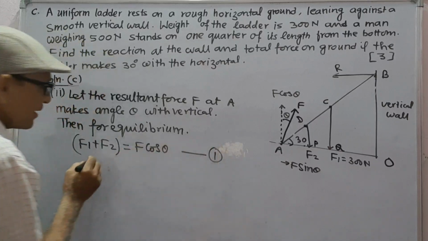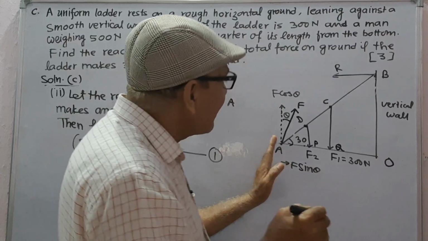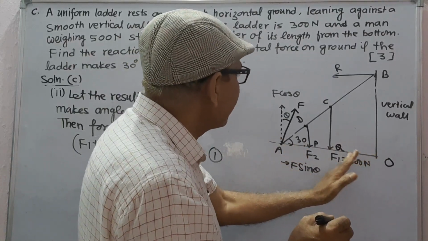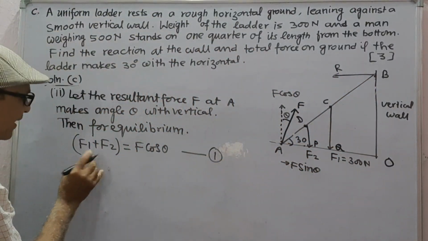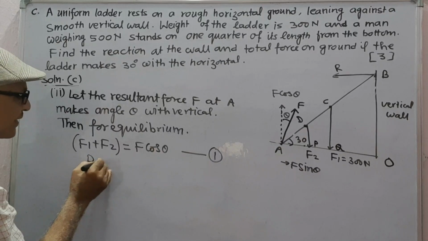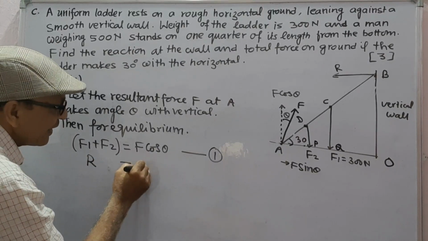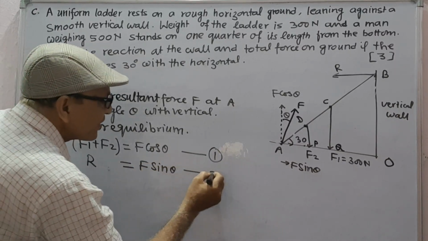This is equation 1. And horizontal rightward force is equal to horizontal leftward force, means horizontal leftward force R must be equal to F sin theta. Equation 2.